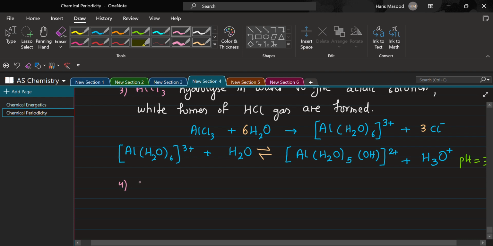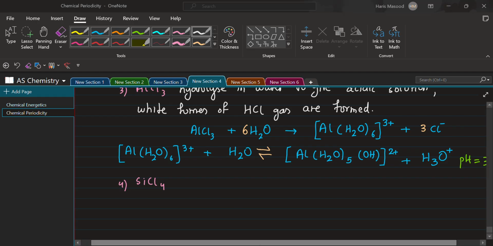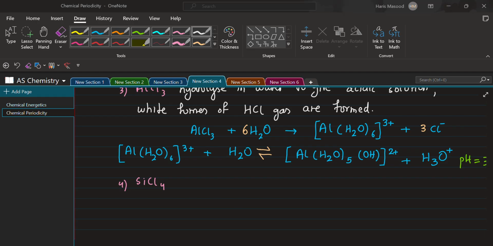Then you have silicon. Silicon undergoes complete hydrolysis.